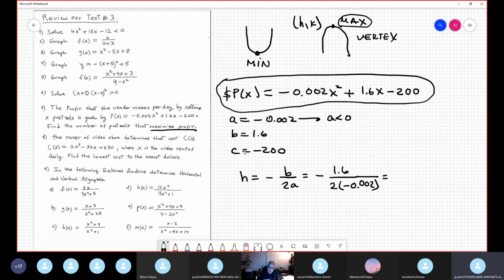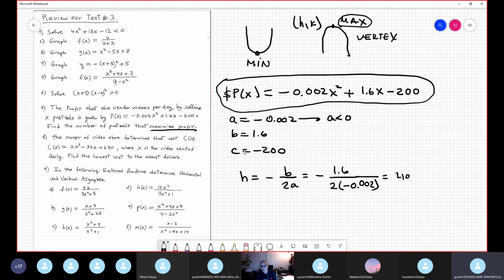So say 1.6 divided by 0.002 multiplied by 2, because the formula has an extra 2. Close the parenthesis, boom. Wow. Okay, sorry, I made a mistake. It's double parenthesis. Boom. 400.